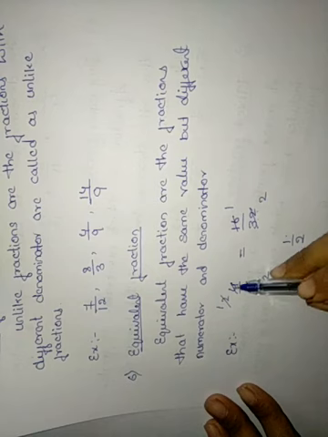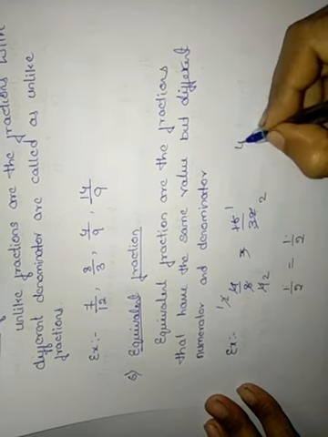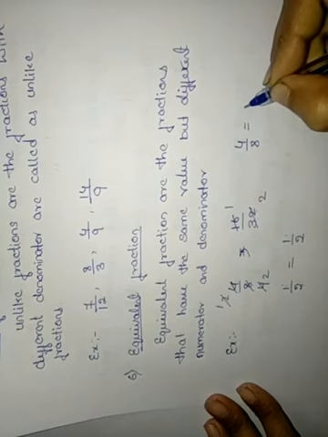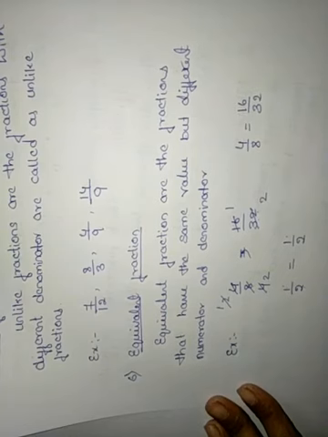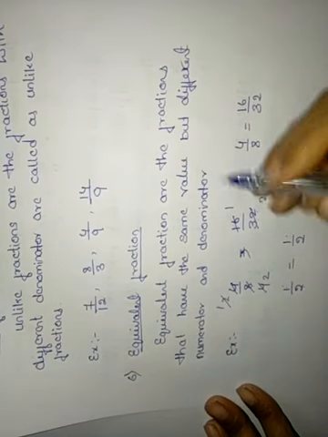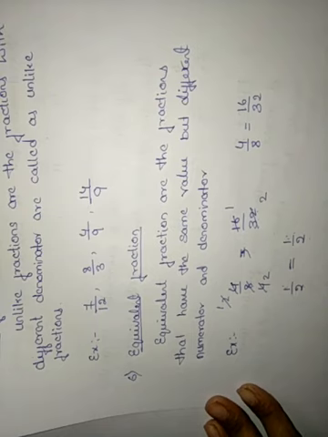So we can say that 4 by 8 is equivalent to 16 by 32, right? Means same value, means after simplifying they have to get the same value, as I got 1 by 2, 1 by 2, right?